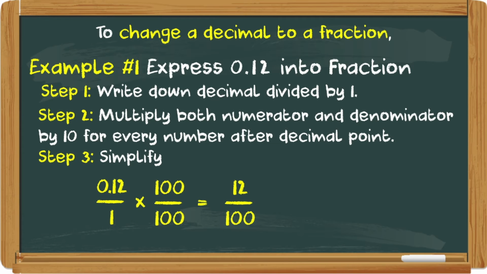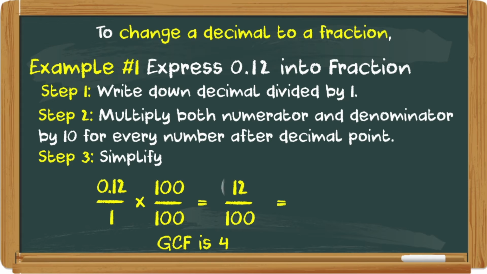So, anong largest number ang pwedeng i-divide sa 12 na pwede ring i-divide sa 100? Or simply, divide the numerator and denominator by their GCF, or the greatest common factor. So the GCF here is 4.